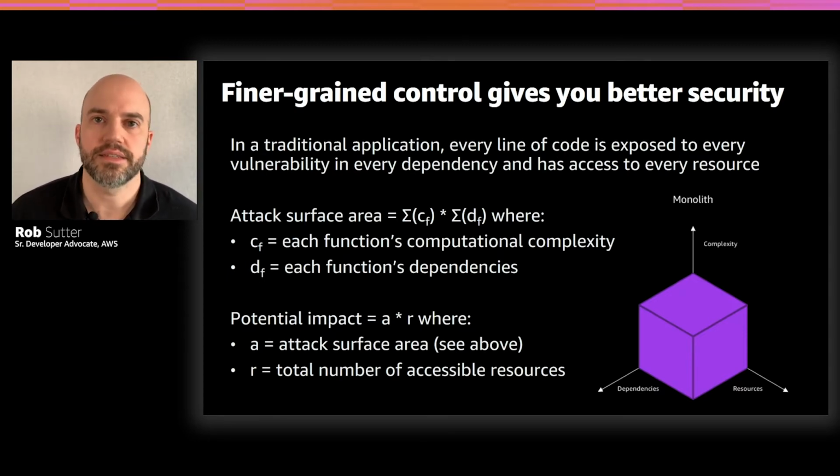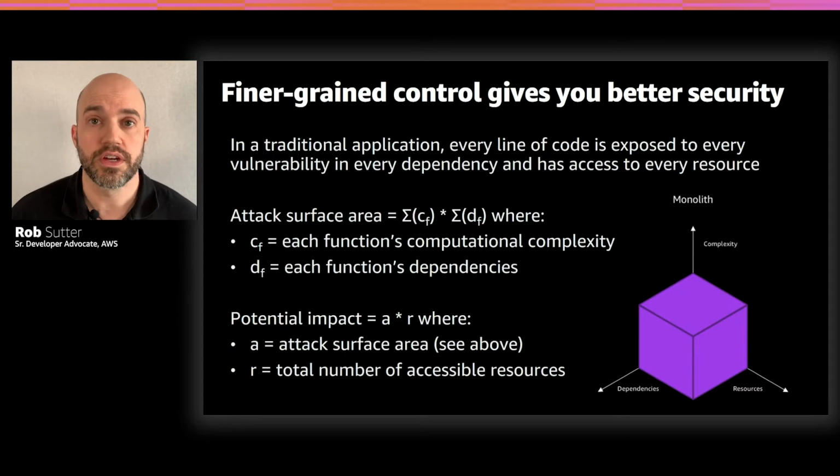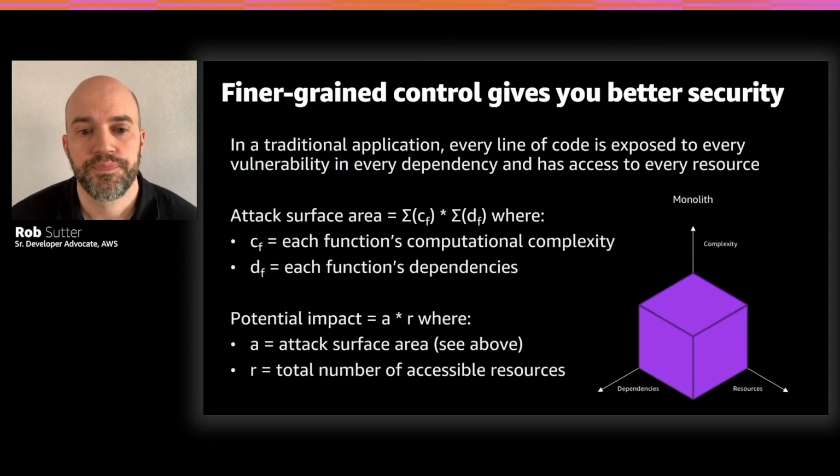On another axis, we see resources. Resources are things such as data stores, object storage, APIs, secrets, anything that your application needs to access. When you're running a traditional monolithic application, the application has access to all of those resources all the time, both reading from and writing to them. The third axis that we have here is dependencies. In modern application development, you probably won't write every single line of code for your application yourself.